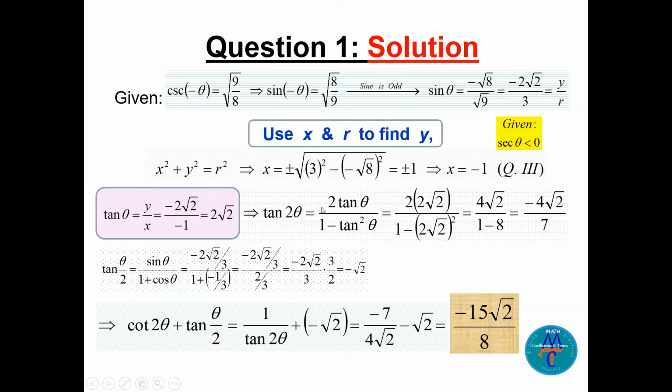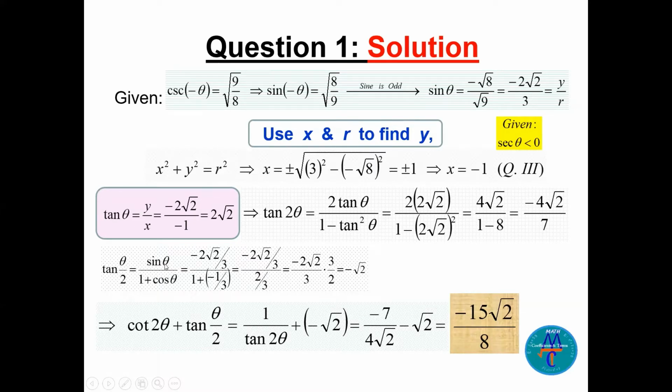Tan of 2 theta, the formula: 2 tan of theta divided by 1 minus tan squared of theta. Put the numbers here and simplify it. You will get minus 4 square root of 2 divided by 7. Now, the second part here, we need tan theta over 2. There are 3 formulas for tan theta over 2.